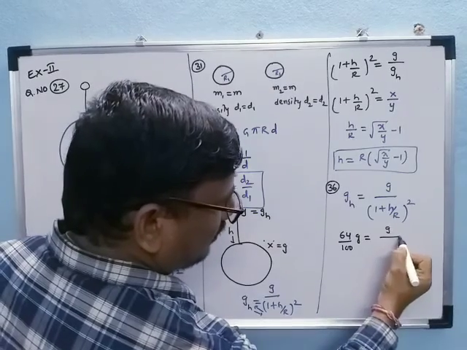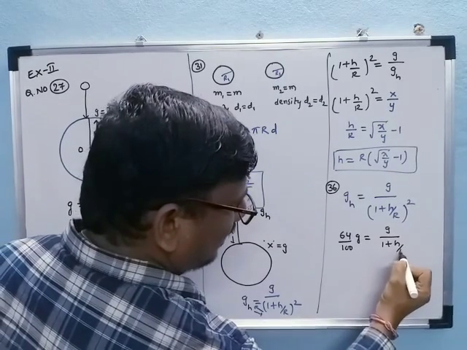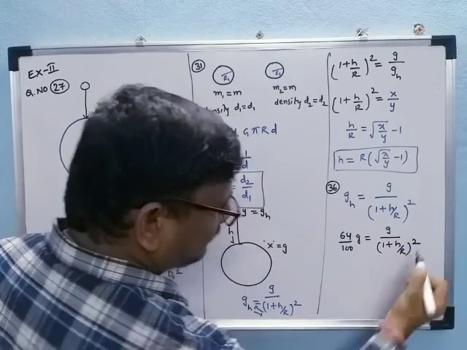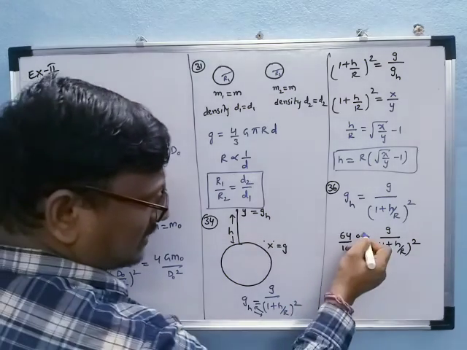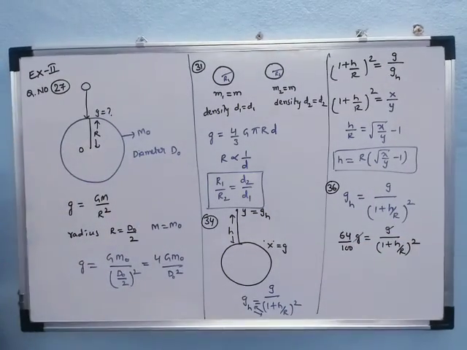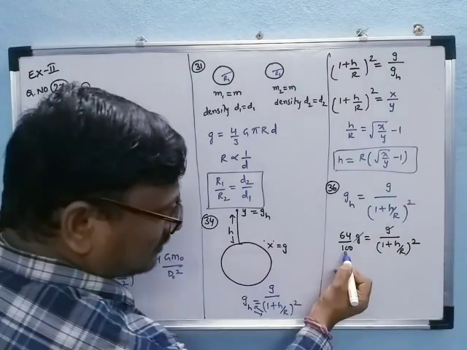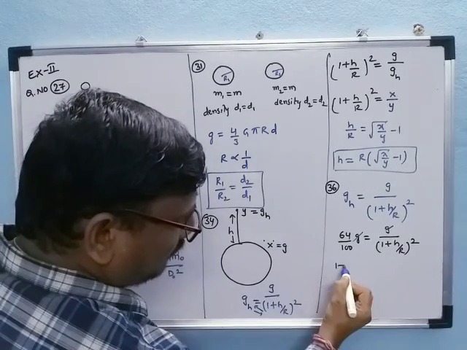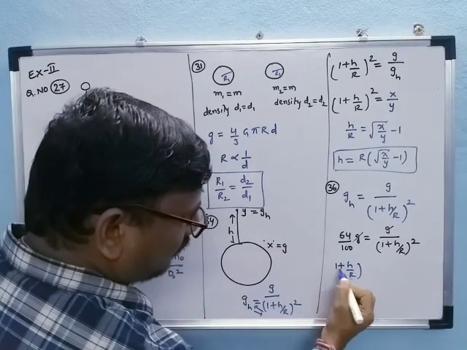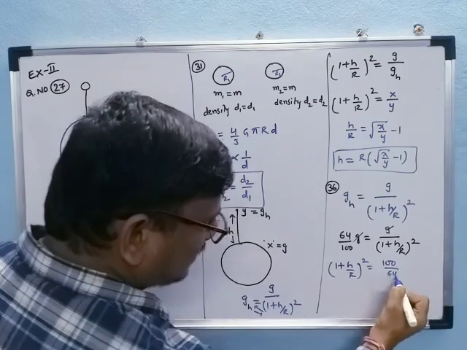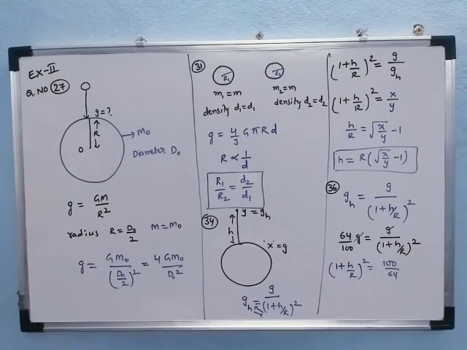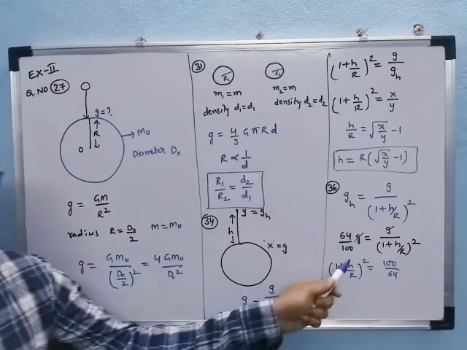Here the g gets cancelled, and taking the cross multiply, (1 + h/R)² is equal to 100 by 64.